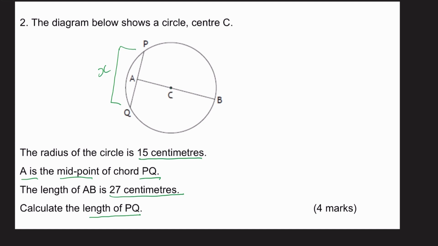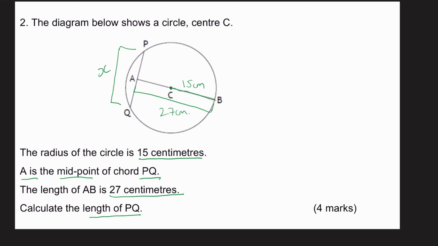So first we know the radius is 15 centimeters. So this is the center of the circle. Whenever you move from the center of the circle to the edge of a circle or the circumference of a circle, that is the radius. So this part has to equal 15 centimeters. They've told us the total length from A all the way to B, all of this is 27 centimeters.